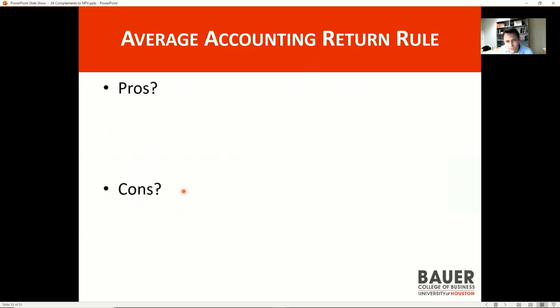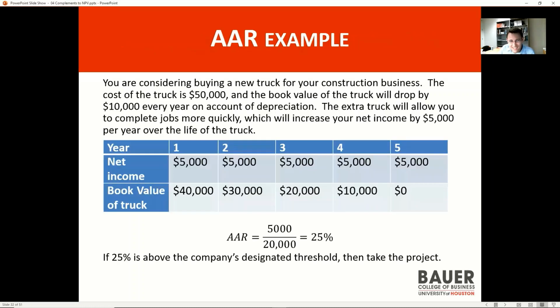Talk about the cons first. What's different here, the main thing that sticks out right in the name, is that we're using accounting numbers. Everything else we've done so far in this class is about cash flows. We have cash flows, we discount them to get the present value. Now all of a sudden, we're talking about accounting. That's a problem because economically, you don't care about accounting by itself.